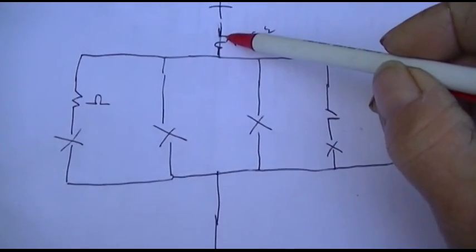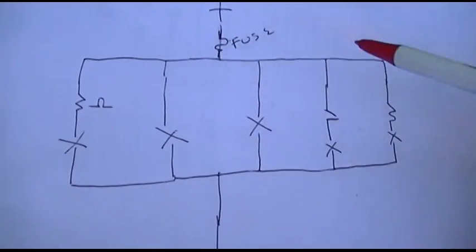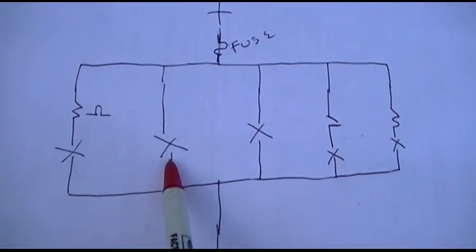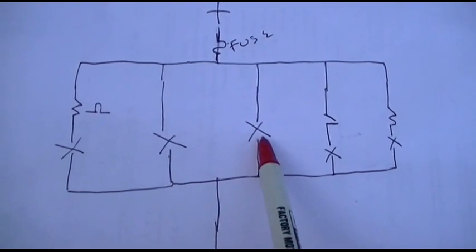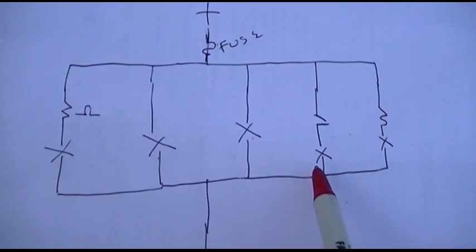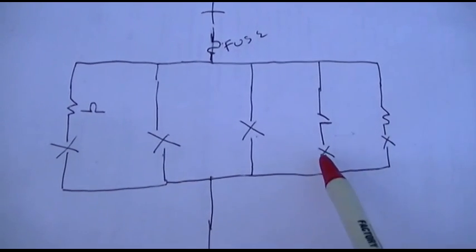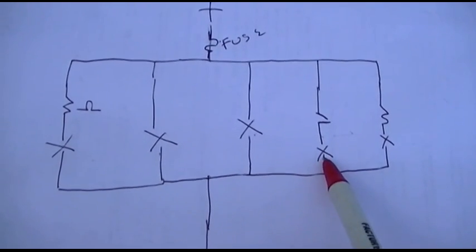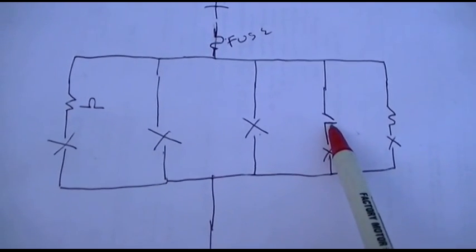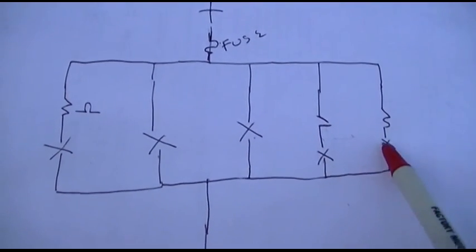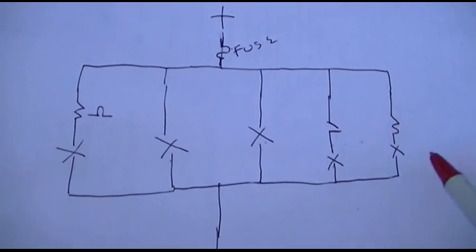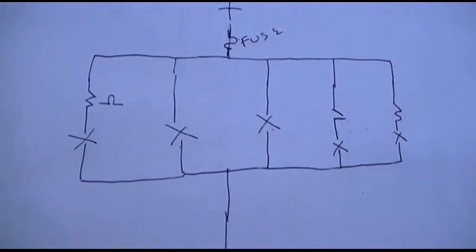This is the accessory fuse here. Let's say this is the cigarette lighter, this is the dome light, let's say this is the trunk light here with the switch to turn the trunk light on and off. Let's say this is a defroster or whatever.